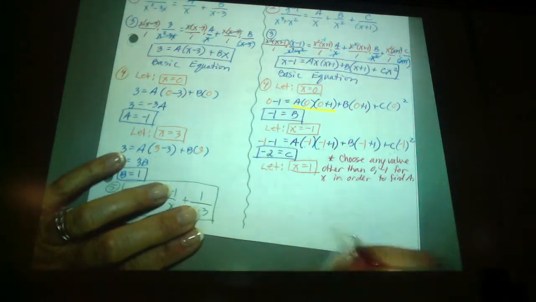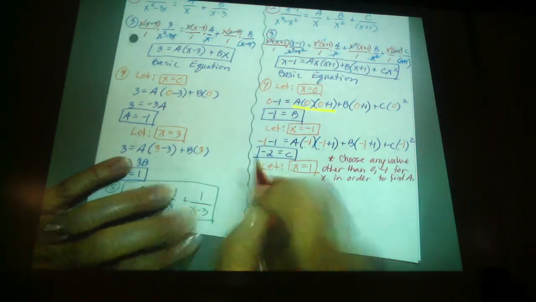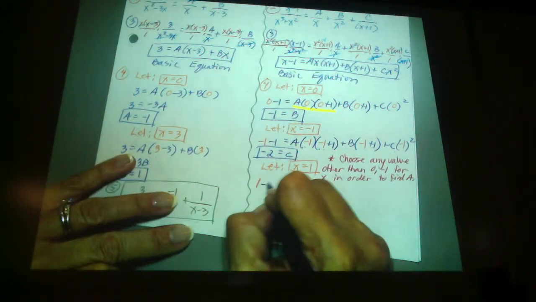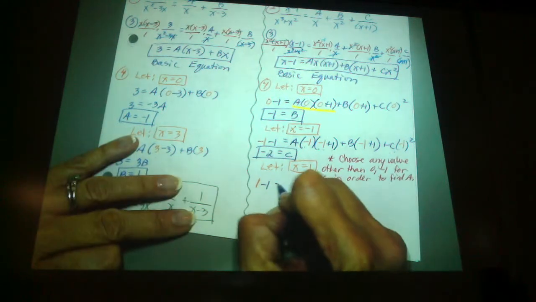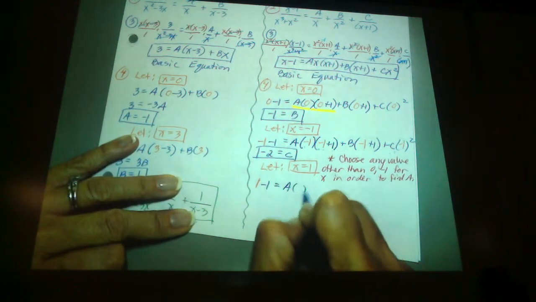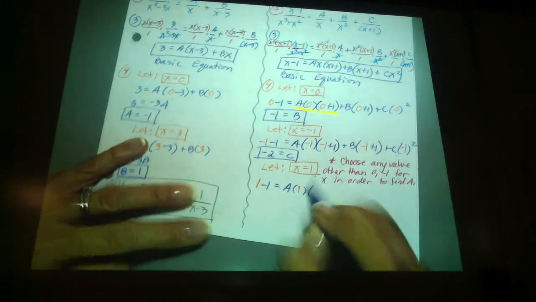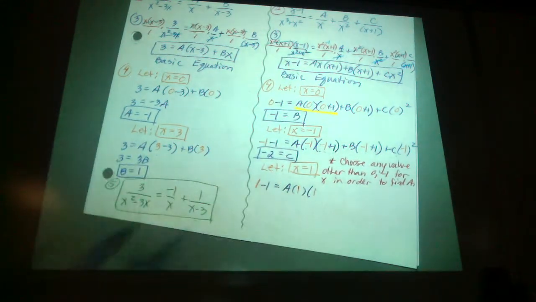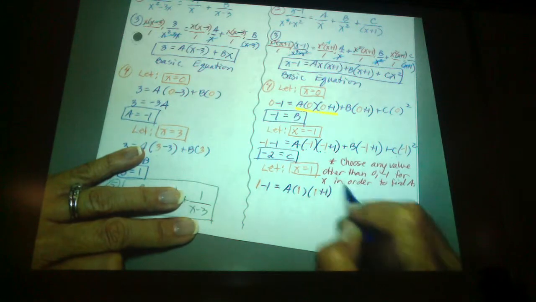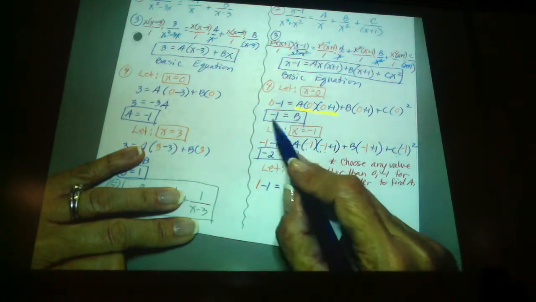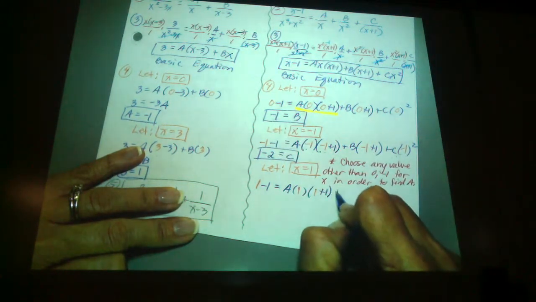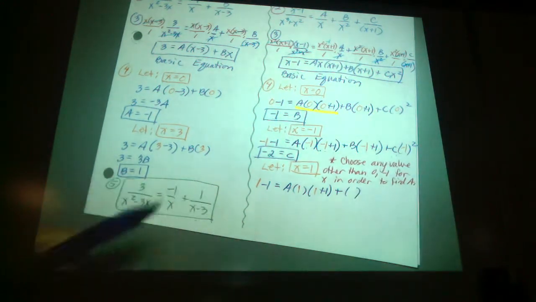So I've got 1 minus 1 equals, I don't know a, that's what we're finding. My x is 1 times 1 again, plus 1. My b is negative, so I'm still going to put plus, but I'm going to put parentheses for my b.